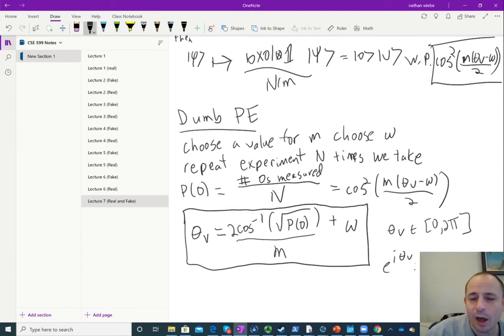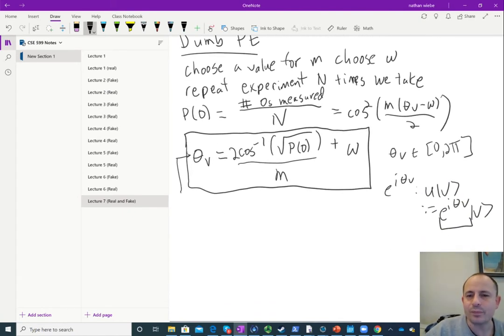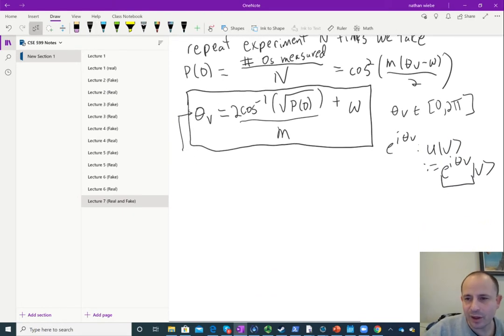Any 2 pi wraparounds that we end up getting isn't that big of a deal. But in many other cases, which we'll get to later when we talk about quantum simulation, we actually are going to care about this particular value of theta_v. But at the moment, we're kind of okay. So our task is to identify this, and we're really just going to learn theta_v. Cool. And this gives you a formula for it.